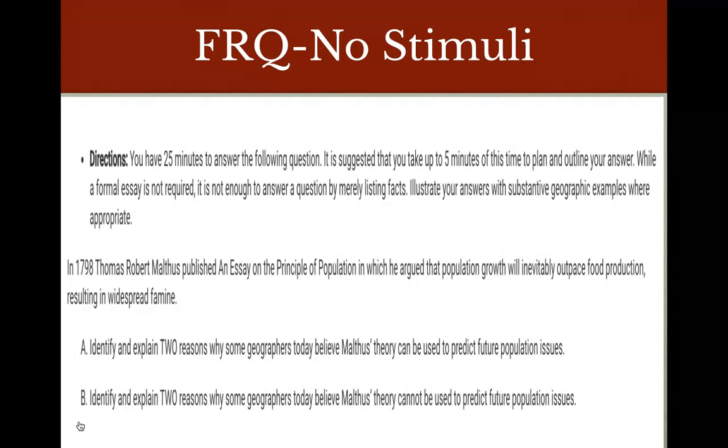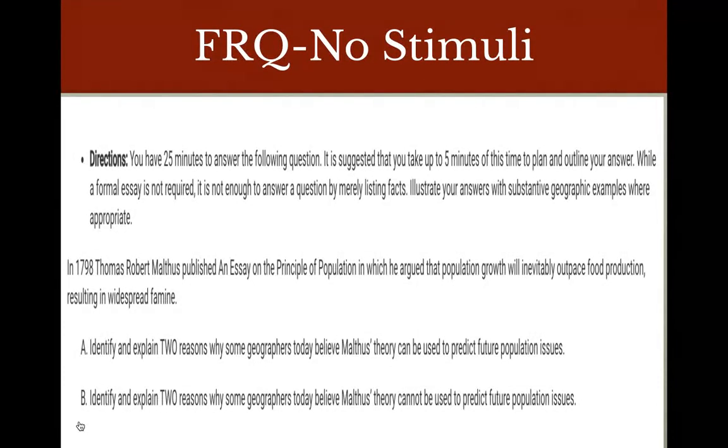When you're looking at this FRQ, you want to spend 5 minutes to develop a quick pre-write or outline or mind map. And then you're going to organize your ideas, and then you're going to write out your response to the questions as you respond to each of the questions. Question A, for instance, identify and explain. So remember, identify, list the ideas of what we're talking about here, and that's Malthus and future population issues.